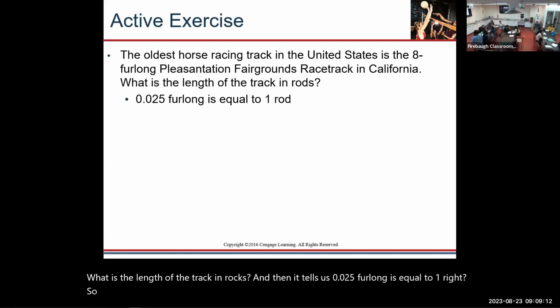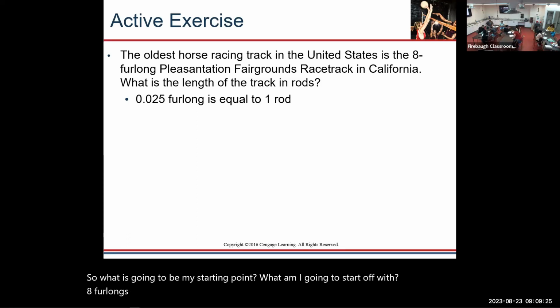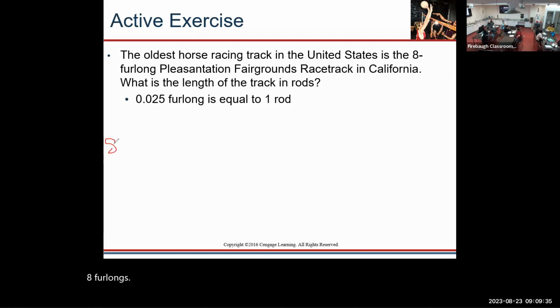So, what is going to be my starting point? What am I going to start off with? Eight furlongs. Okay.